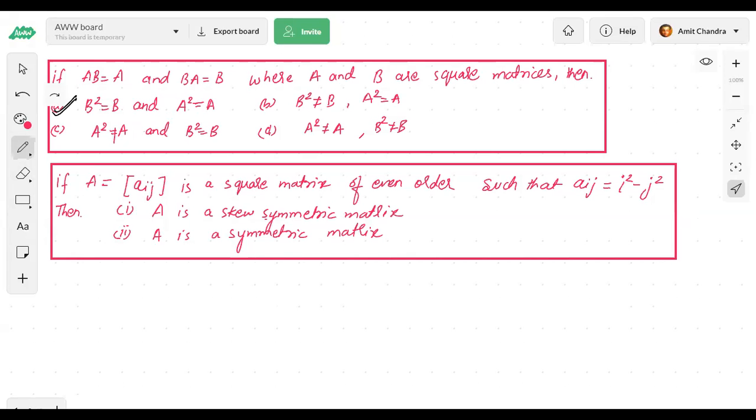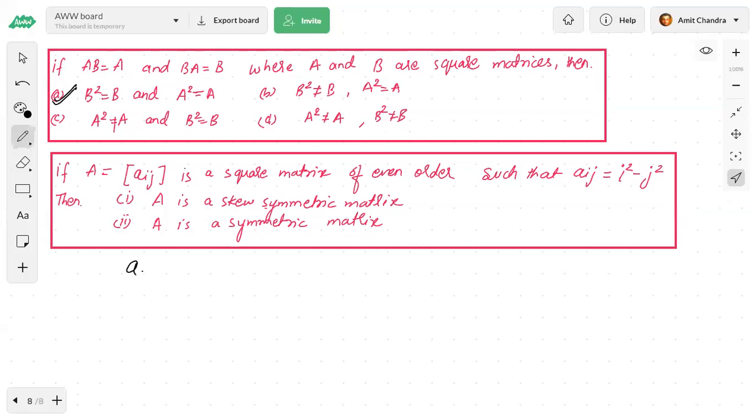So Aij is equals to minus of Aji, hence it is skew symmetric. Okay, understood? Fine, very good.